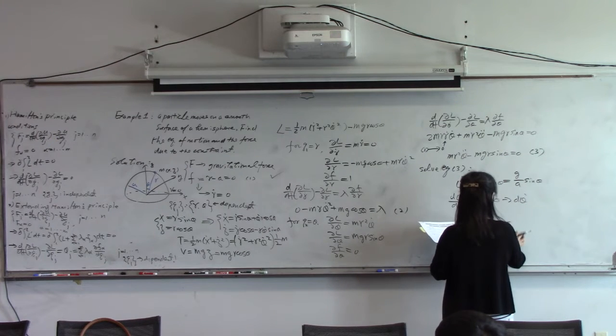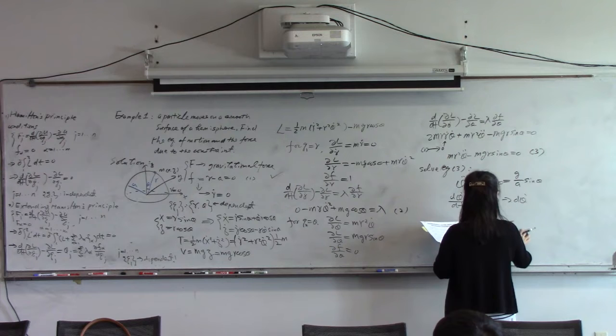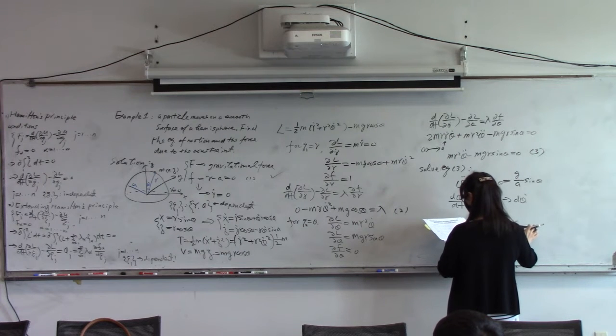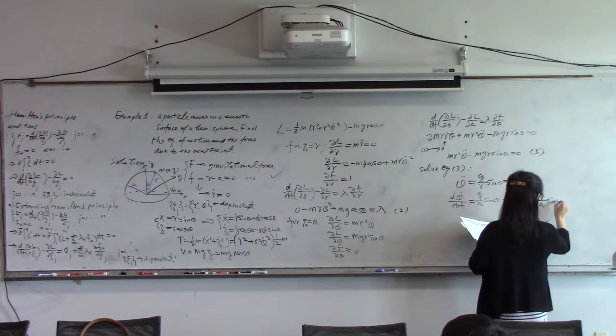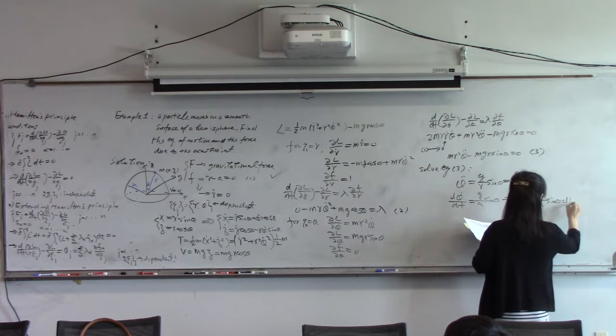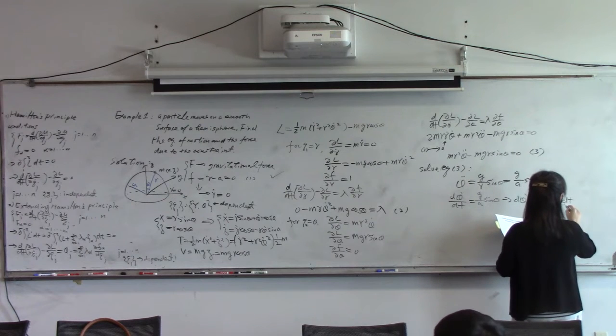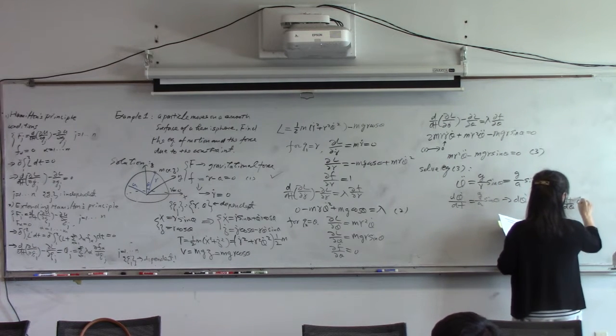I'm going to do this way. d theta dot, let me first count here. So that is g over a sine theta dt, right? Then I'm going to d theta.